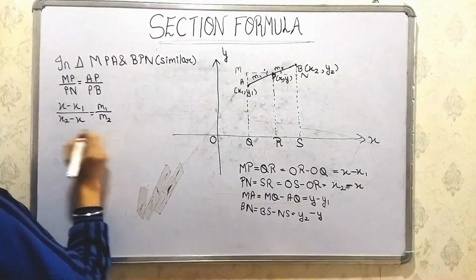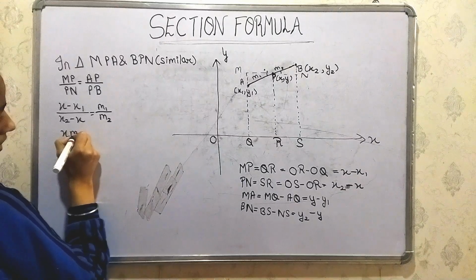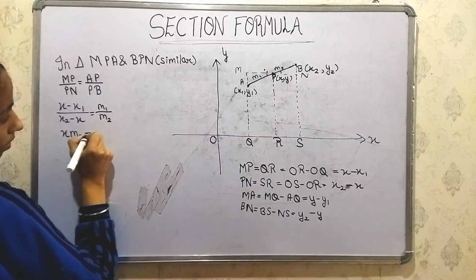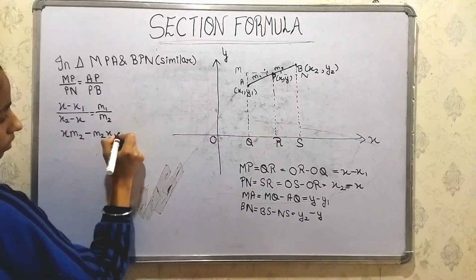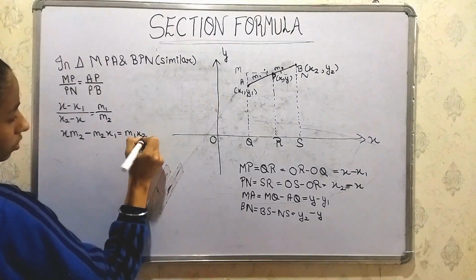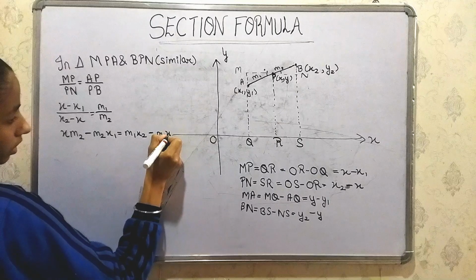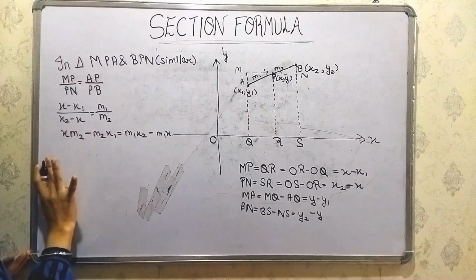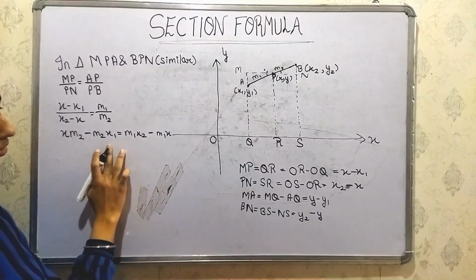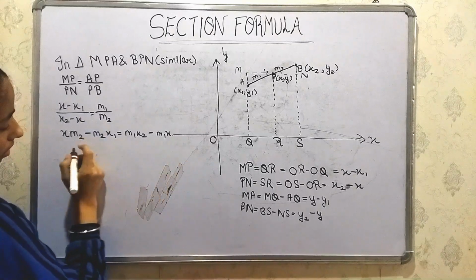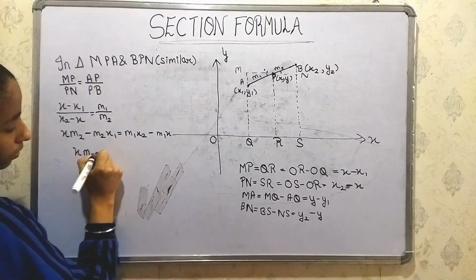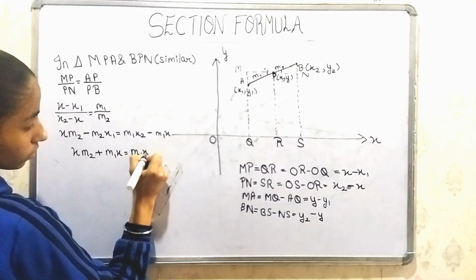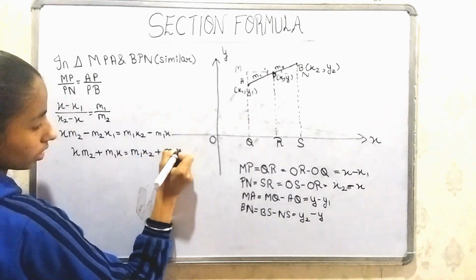So here M2 times x minus M2 x1 is equal to M1 x2 minus M1 x. So here let x be at the left hand side and x1, x2 terms be at the right hand side. x M2 plus M1 x is equal to M1 x2 plus M2 x1.